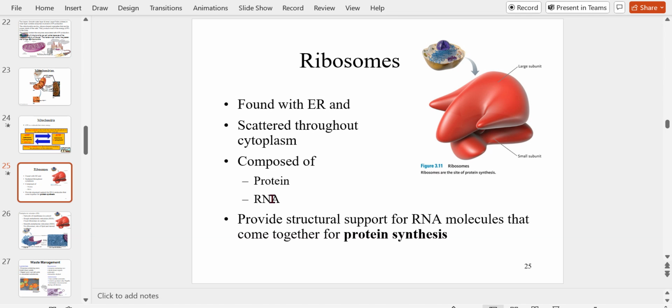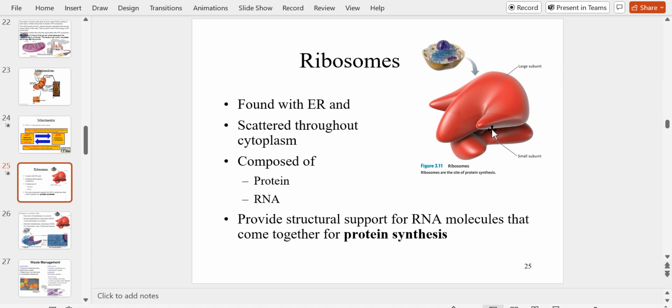Ribosomes are found within the endoplasmic reticulum. They're also found free, and in the nucleus as well. These have one job, and I look at it like a Big Mac: there's a top unit and a bottom unit. A copy of the DNA, an RNA copy, leaves the nucleus and travels through here like a stock market ticker tape.